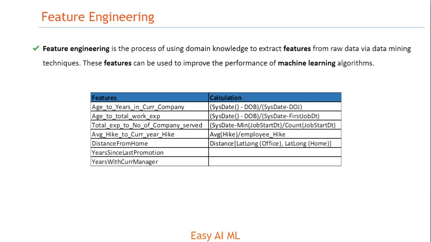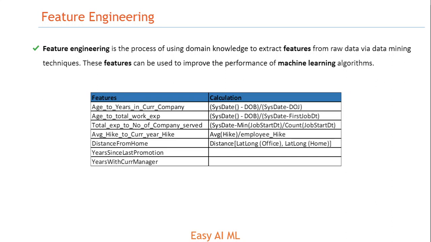So in these data sets we can create features like age to years in current company, age to total work experience, total experience to number of companies served. These are called ratios. Average hike to current year hike.